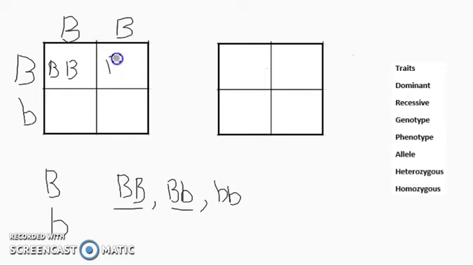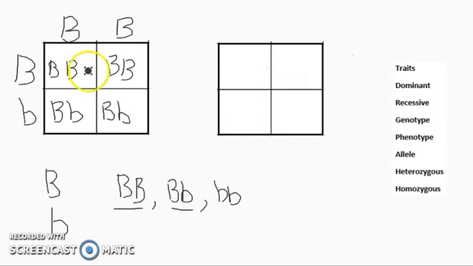You're going to have the same here. You're always going to have capital first. So you're going to have capital B, lowercase b, and the same here, capital B, lowercase b.